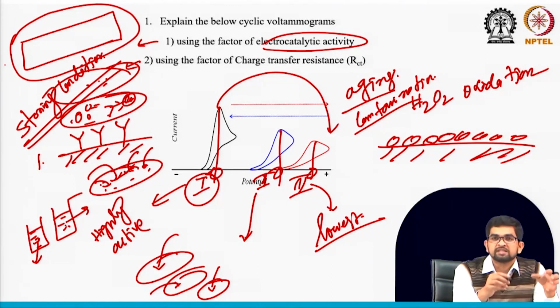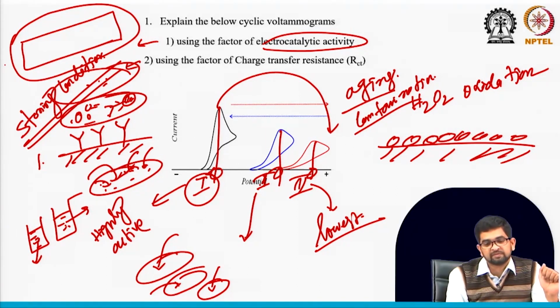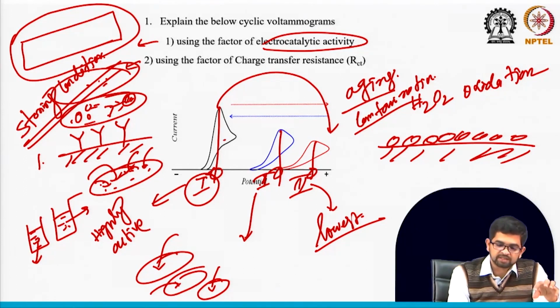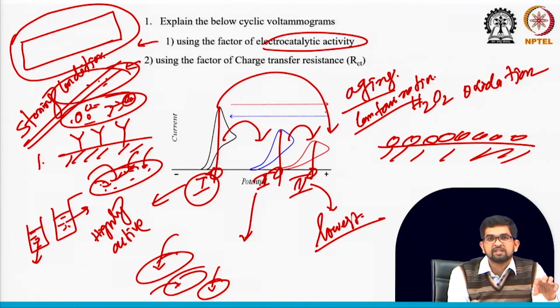In your case maybe you can store it in a nitrogen environment, or maybe in vacuum conditions. Otherwise you can see this kind of cyclic voltammetric change, it can decay slowly.